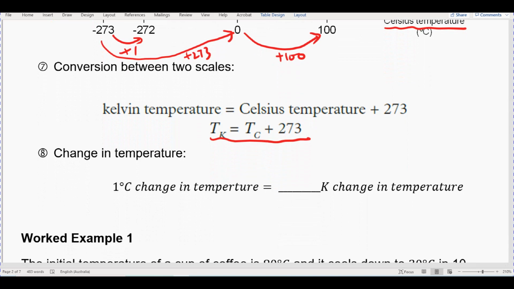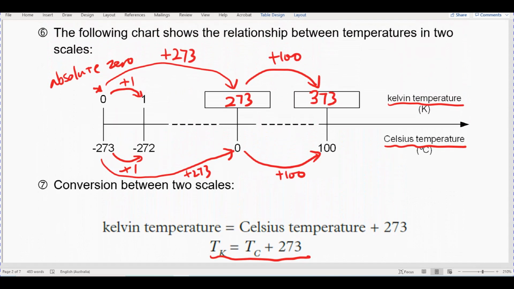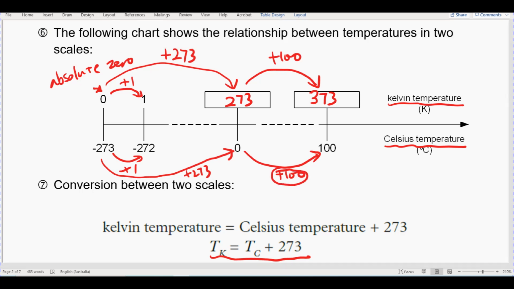But you need to be careful when we're talking about the change in temperature. In both scales, the change in temperature should be the same. You don't need to do the conversion formula. Let's say from 0 degrees Celsius to 100 degrees Celsius, your temperature is increased by 100, right?